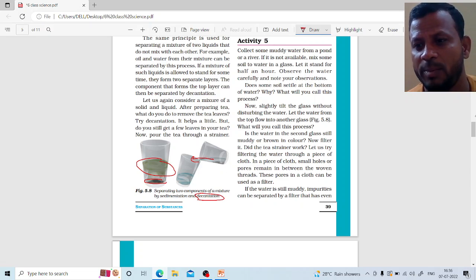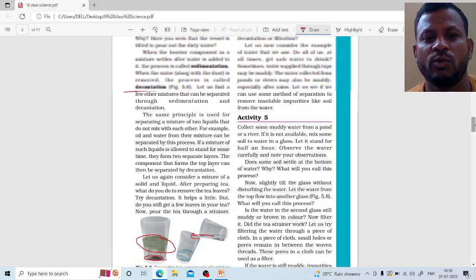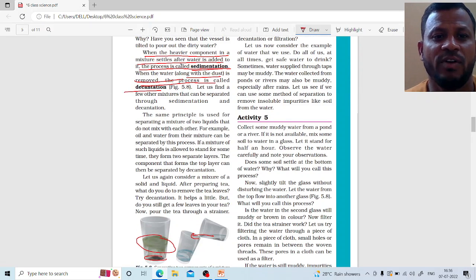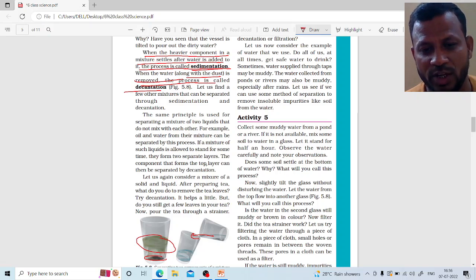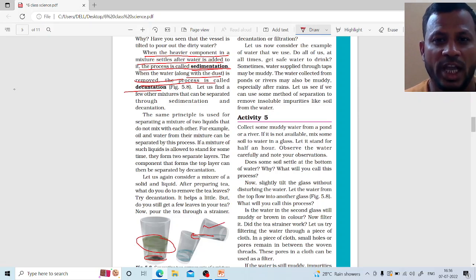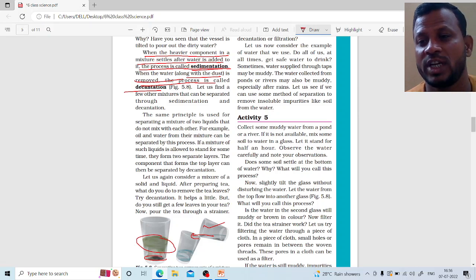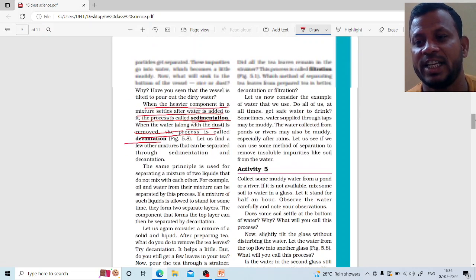Are you getting my point? Slowly we separate it. It means when the heavier particles of the mixture settle at the bottom of the jar, that is known as sedimentation. When the water along with the dust is removed, the process is called decantation. Here we remove the waste products from the heavier materials, that is known as decantation.